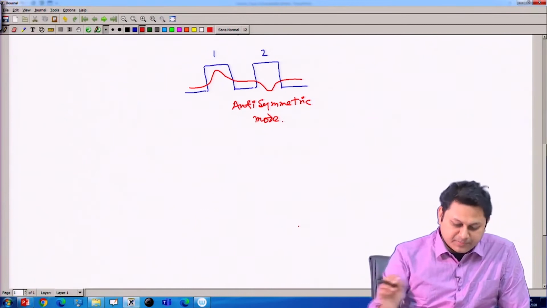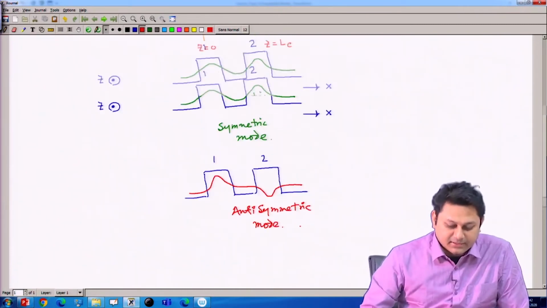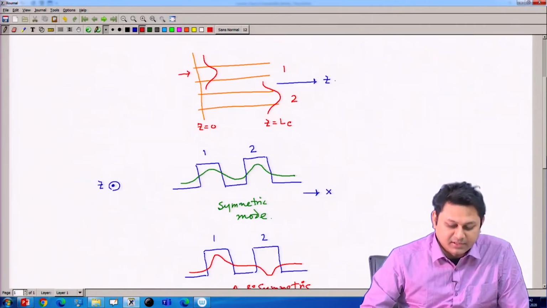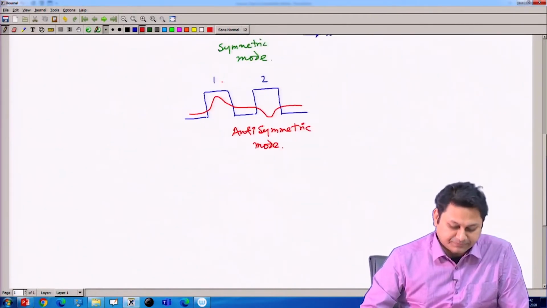Now, using first principles, we will try to understand the propagation of these kinds of modes in the waveguide and how this energy transfer is possible.